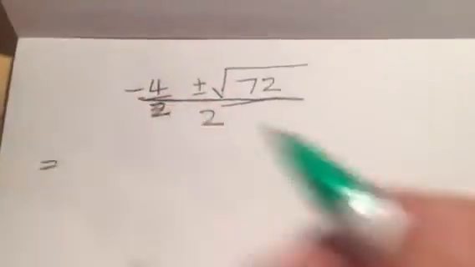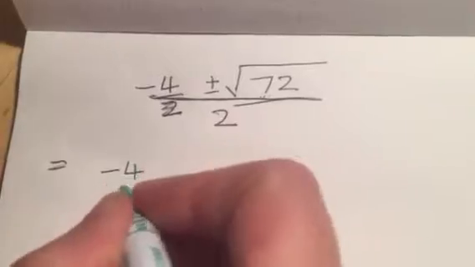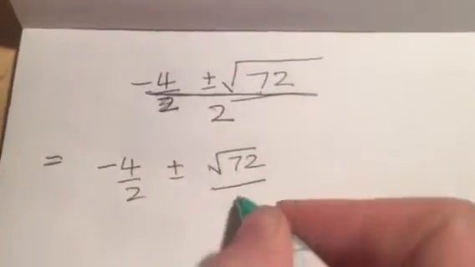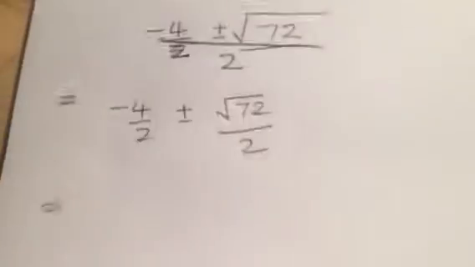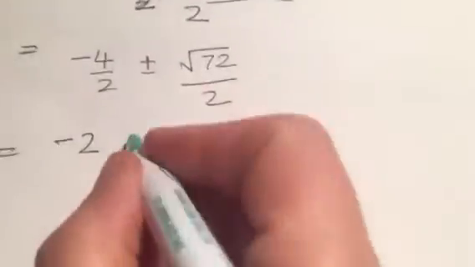The important thing is that you don't divide too soon. So I've got minus 4 over 2 plus or minus the square root of 72 over 2. Minus 4 over 2 is fine, that's just minus 2.